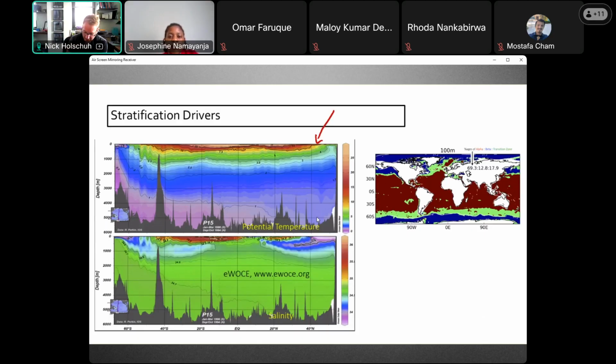So we can see that in the equator, there's warm surface water. When we look at the temperature at the poles, there's actually relatively cold surface water. If instead we look at salinity, we see that at the surface, there's very saline, very salty water in the tropics, and extremely fresh water at the poles. At the poles, the ocean is primarily stratified because of salinity.